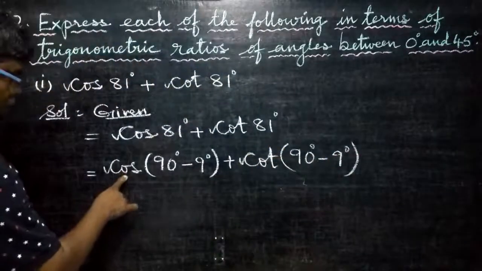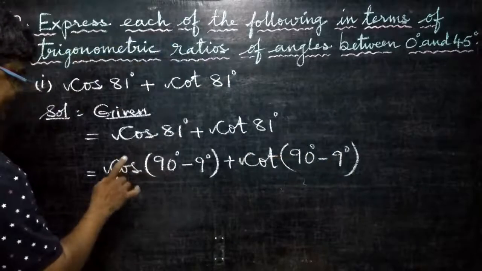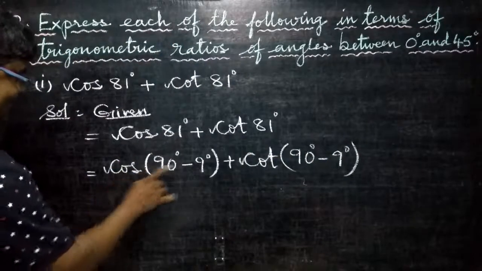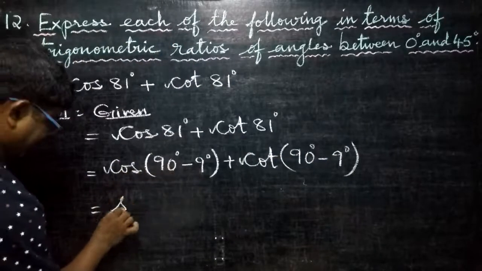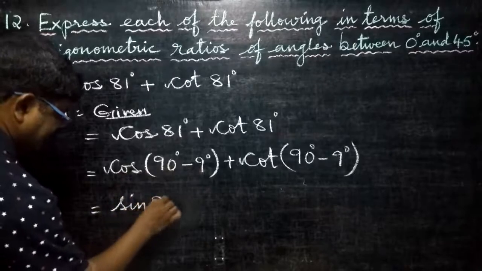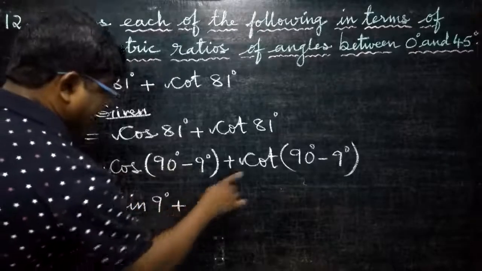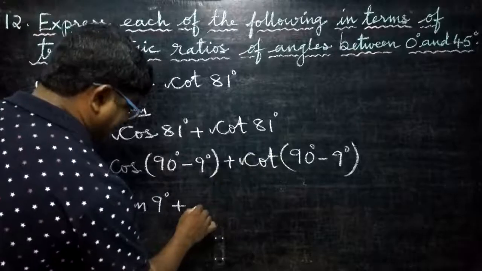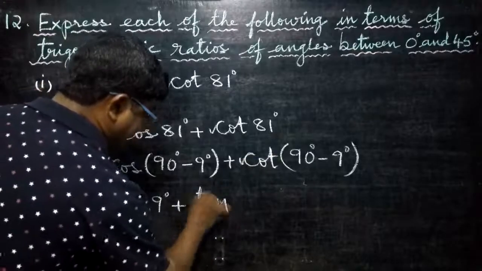Sin becomes cos, cos becomes sin. So here cos becomes sin, sin 9 degrees, plus cot becomes tan, tan 9 degrees.